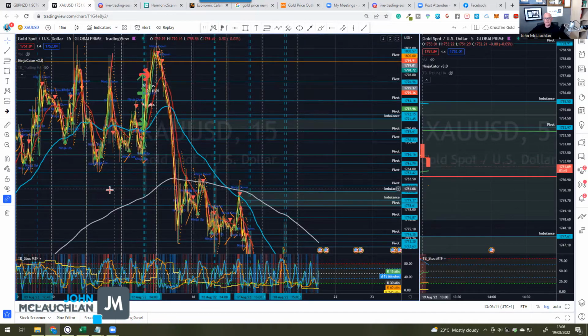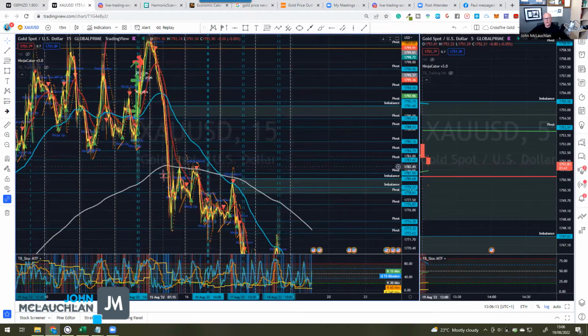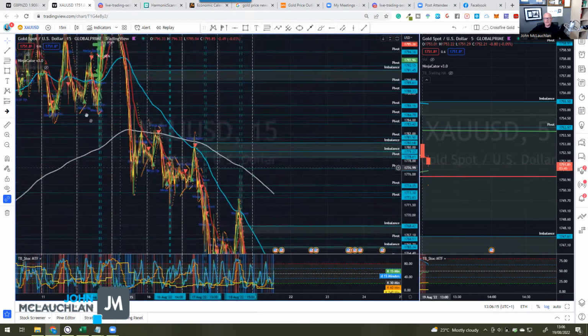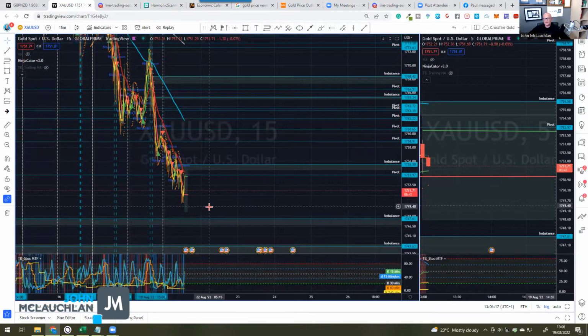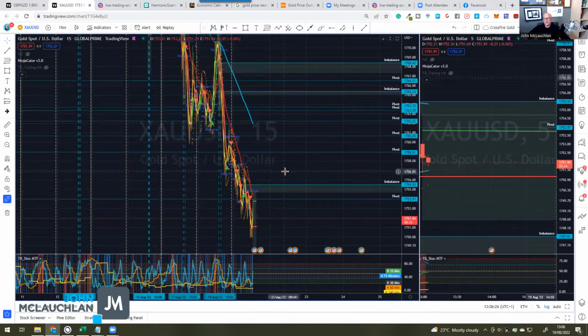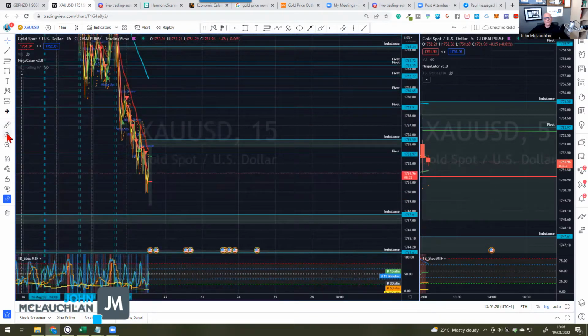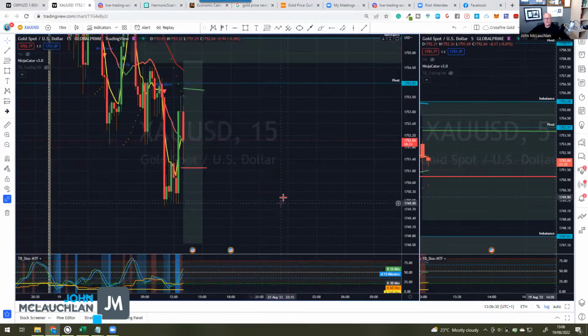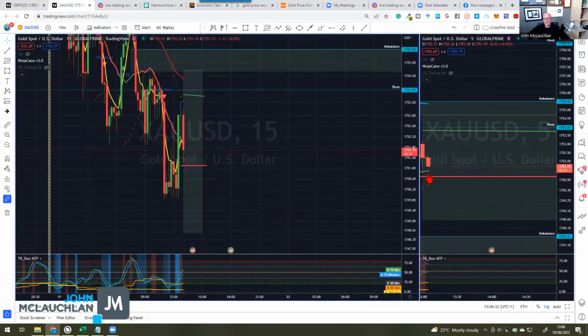But since then, price has continued to come down quite drastically, down to where it is now, somewhere around 1749. And the good thing about what we do is we're looking for 10 pips. We're not looking for big moves. 10 pips in and out.